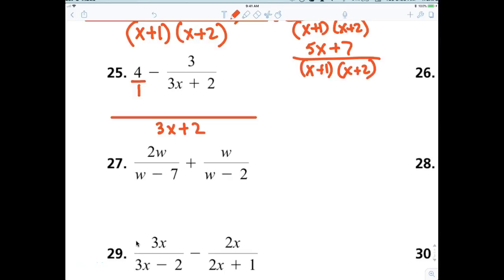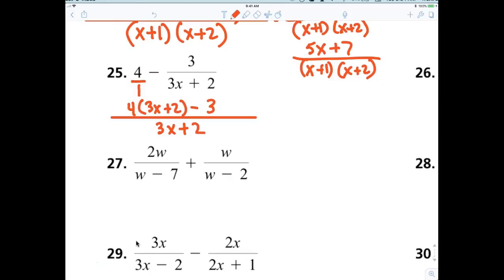So what do I multiply the first fraction by? 3x plus 2. So 4 times 3x plus 2 minus what? Minus 3. Well, you can. If you put plus, it's going to be plus negative 3. You with me or not?